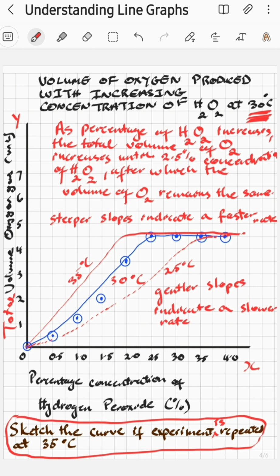Is this reaction going to happen faster? Or is this reaction going to happen slower? Now, if we expect the reaction to happen faster, we have a steeper slope. If we expect the reaction to happen at a slower rate, we have a gentler slope. Okay? So that is it for understanding line graphs.